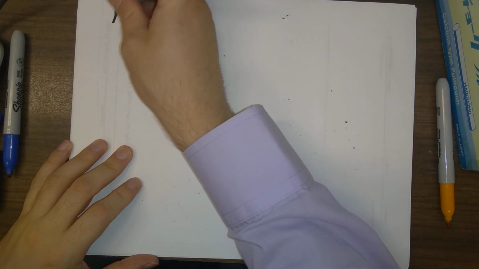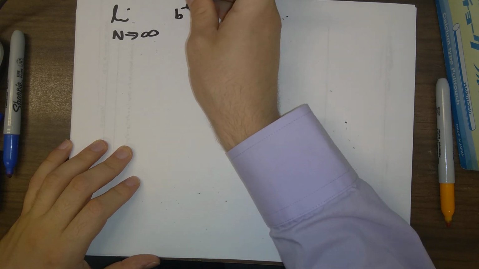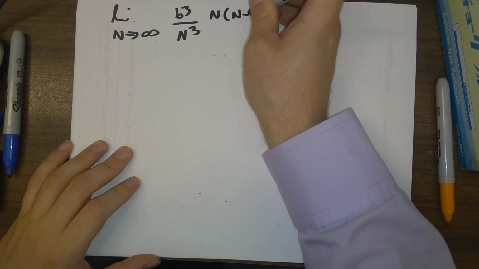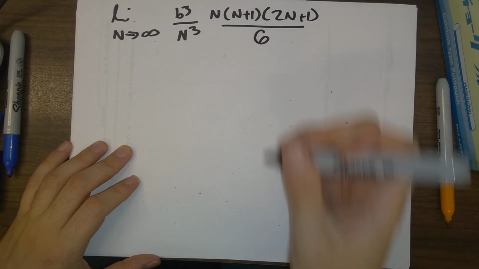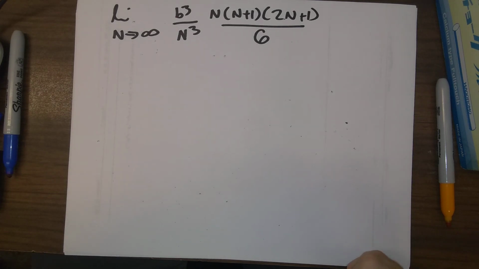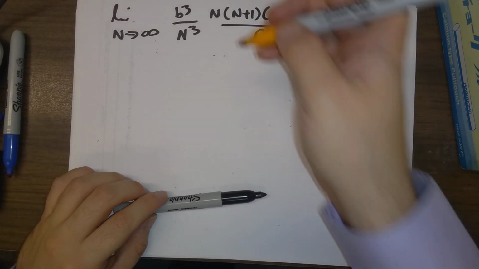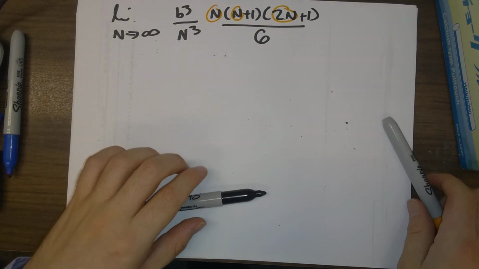So let's recopy that with a limit here. We want to take the limit as n goes to infinity of b cubed over n cubed times n plus 1 times 2n plus 1, all of that over 6. We could do this using L'Hopital's rule. I'll just quickly note that we can just look at the leading terms here.